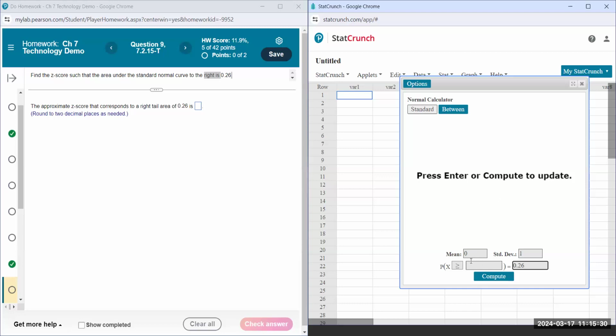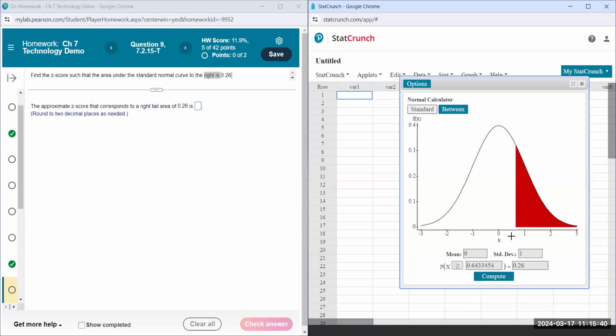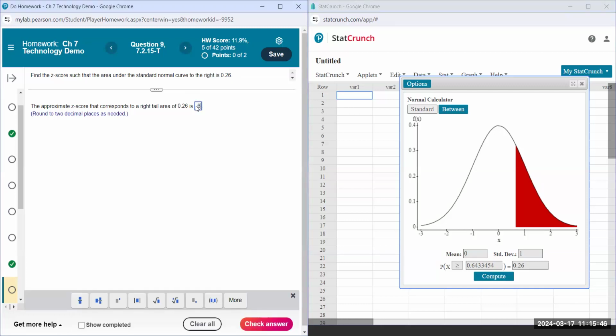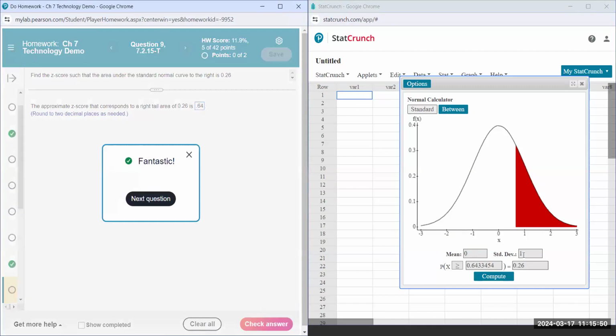If you're on the left side, then this x value should be negative. Because if you're to the right of 0, you have positive standard deviations. If you're to the left of 0, you should have negative standard deviations, right? So 2 decimal places. So somewhere between 0 and 1 standard deviation.